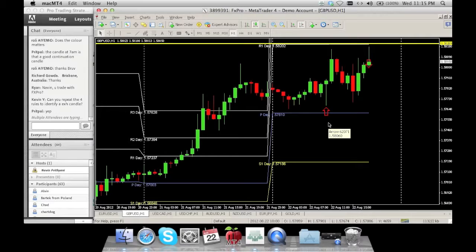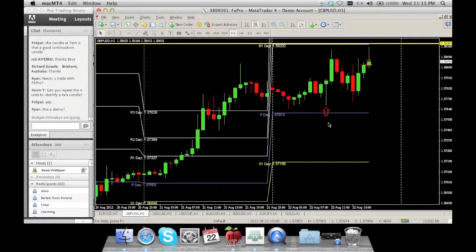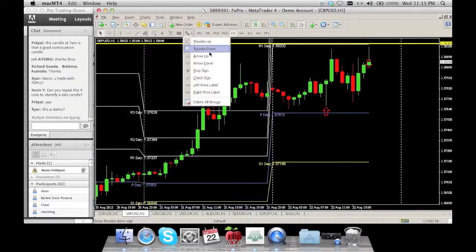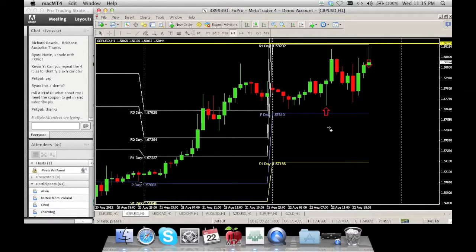Kevin, can you repeat the 4 rules to identify an exhaustion candle? Yes, of course. Rule number 1, it must be in a trend. Rule number 2, the tail must stick out. Rule number 3, the body must close within the entire previous candle.